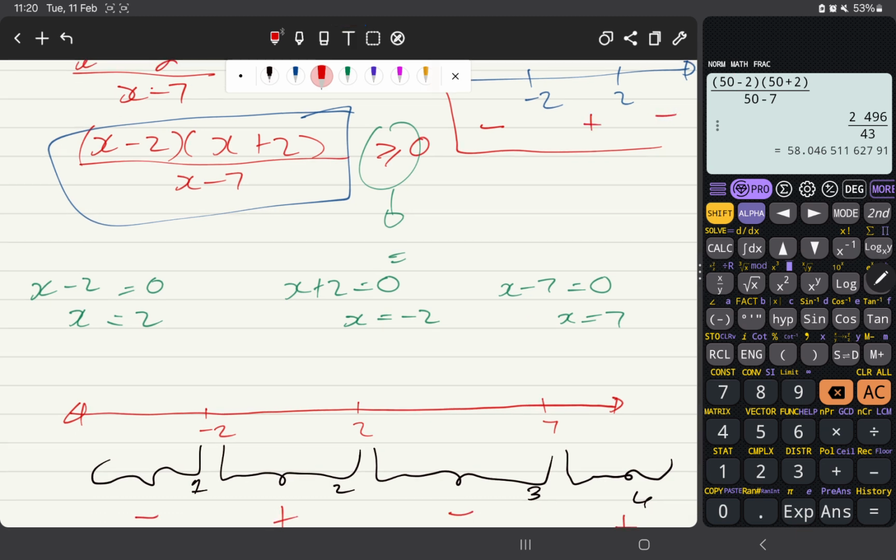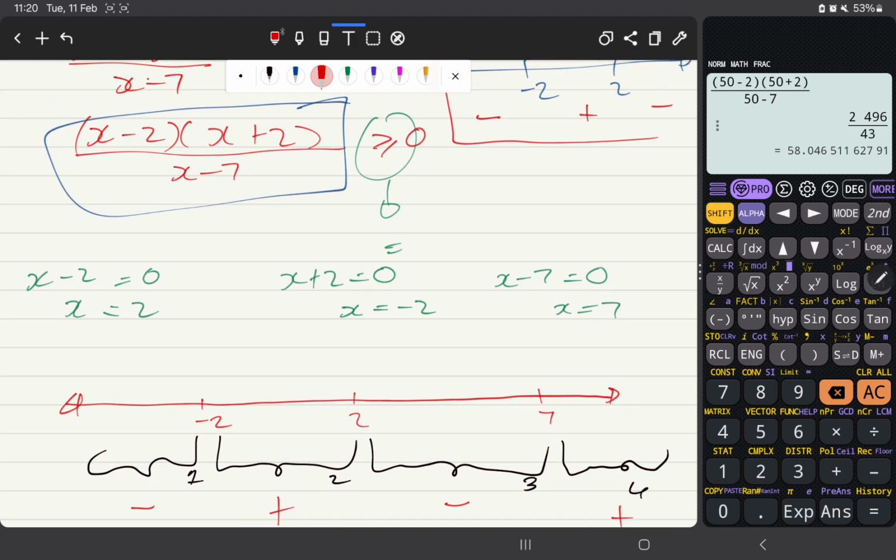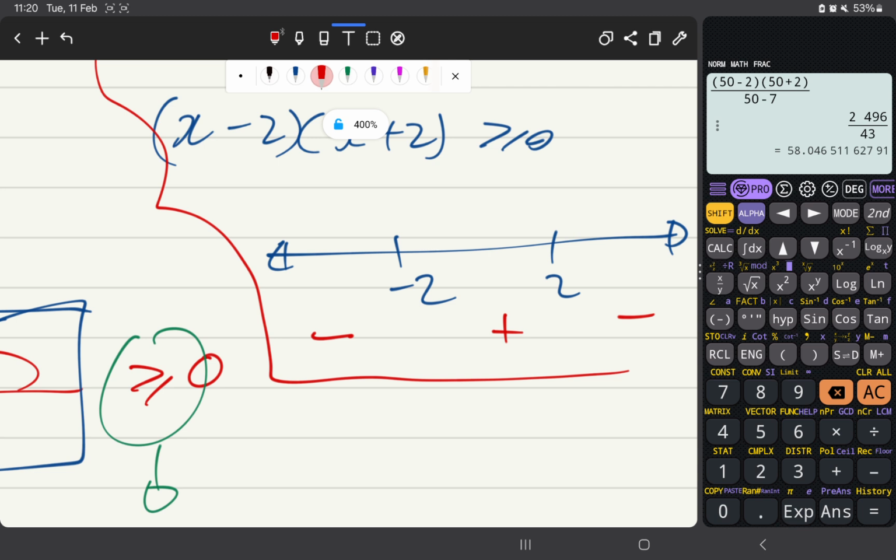But this one was going to lie to you. Part of it is true, part of it is not, because somewhere on the number line, let me draw it again right here. So you have -2, you have 2, and this is negative, this is positive, this is negative.